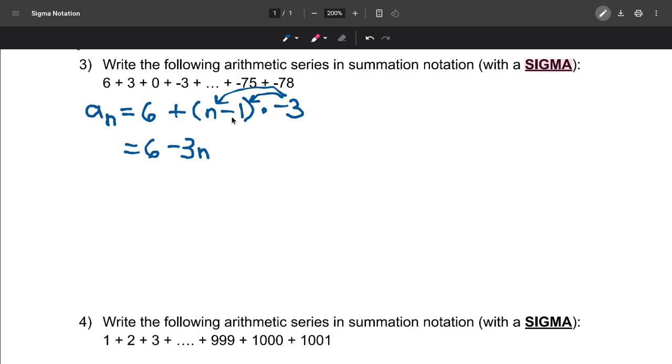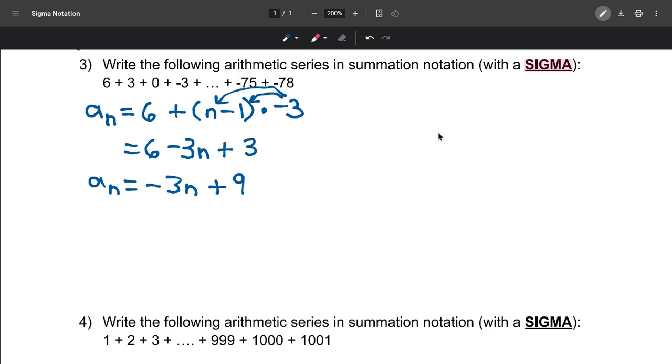And then a minus 1 times negative 3, that's like plus negative 1 times negative 3, so that's plus 3. So if we work this out, our expression is negative 3n plus 9, and that equals a sub n.